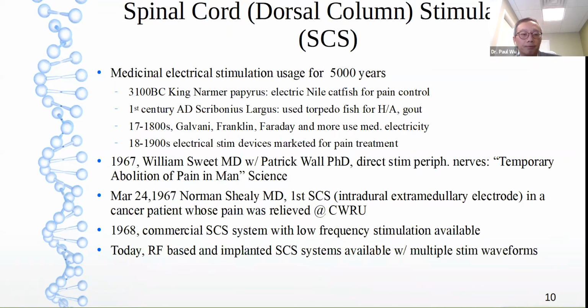In the first century, the Romans used torpedo fish for headache and gout. In the 1800s, well-known scientists such as Franklin, Faraday, and Galvani all used electricity medically.